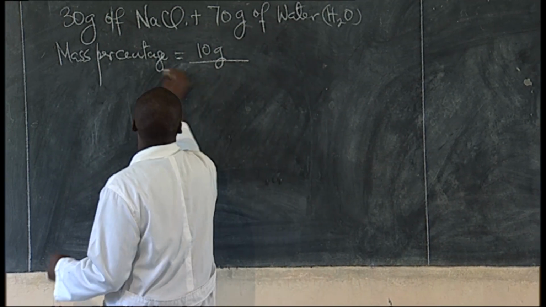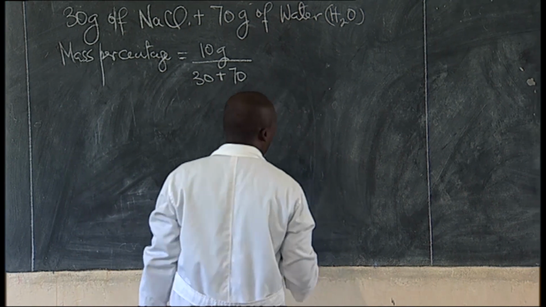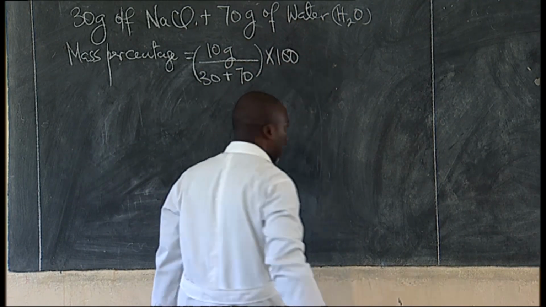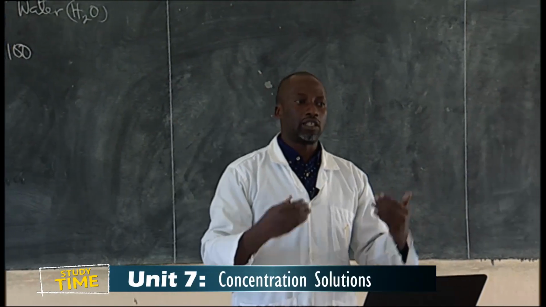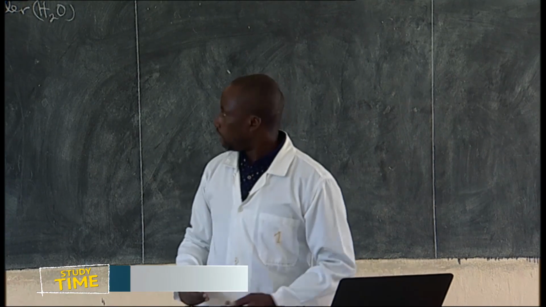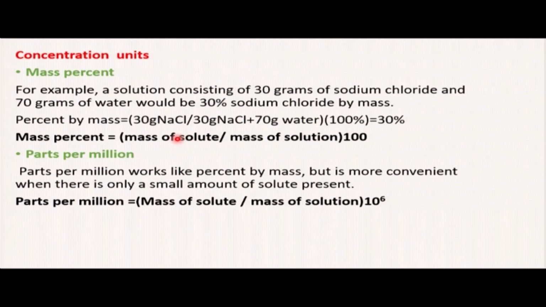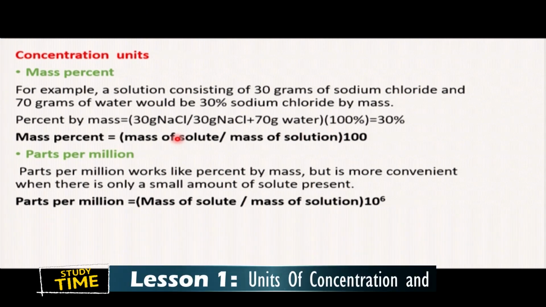The solution is made up of 30 grams of sodium chloride and 70 grams of water, multiplied by 100. That makes the mass percentage of the solution. So the mass percentage is equal to the mass of the solute, the solute is sodium chloride, divided by the mass of the solution. The solution, remember, is made up of water and the sodium chloride.